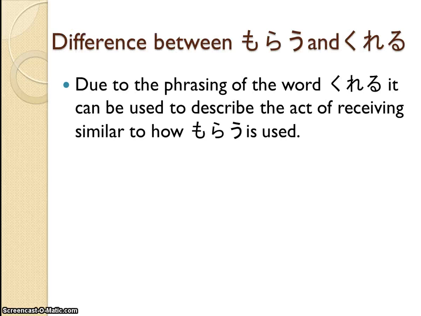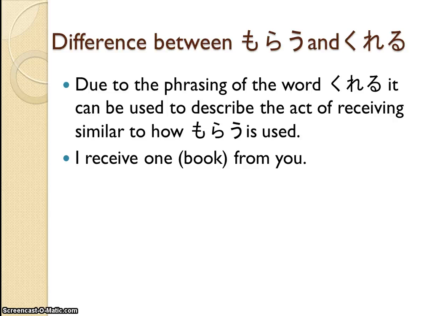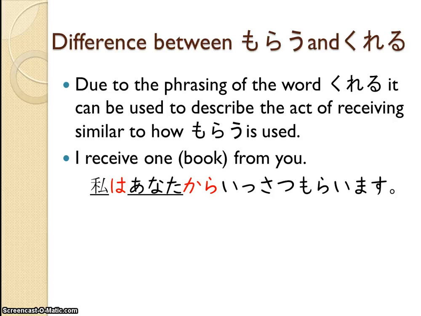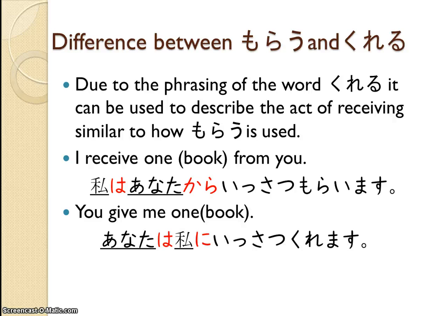The difference between もらう and くれる: due to the phrasing, くれる can be used to describe the act of receiving, similar to もらう, because the items are moving inside towards you. Here's the example. I received one book from you. 私はあなたから一冊もらいます. You give me one book. あなたは私に一冊くれます. Notice that the individuals are swapped, and the verbs are different.